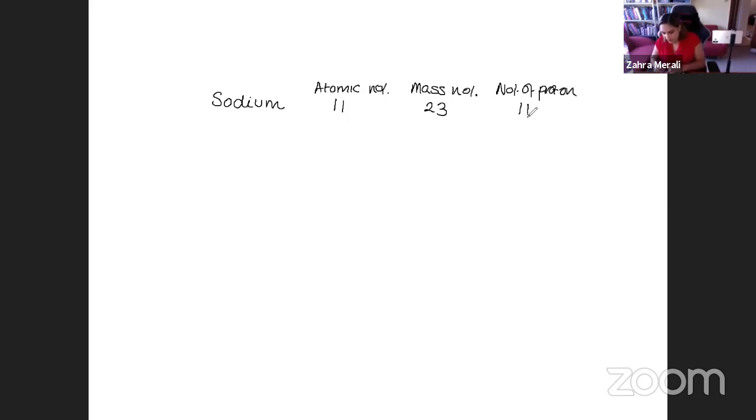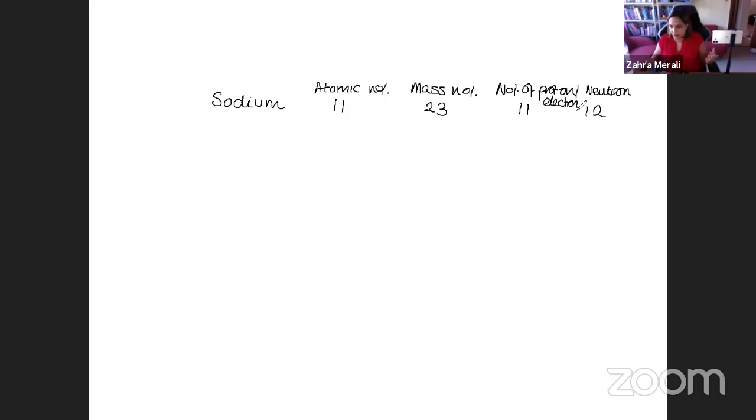And my mass number is my number of protons plus my number of neutrons. So in this case, my neutrons is 12. And my protons and electrons are the same, so the number of electrons will also be 11.